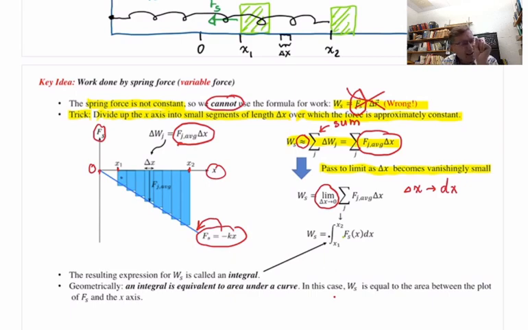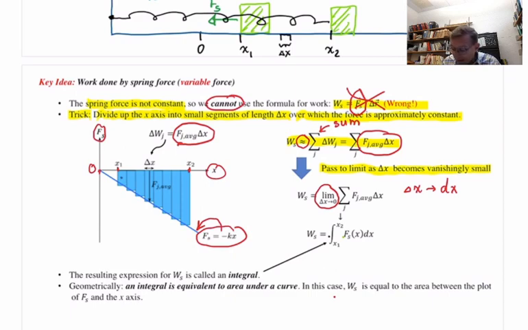It's infinitesimally small. And over that infinitesimal dx, it's okay to say the spring force is constant. And it's not an approximation. It's exactly true, because that's an infinitesimally small displacement.